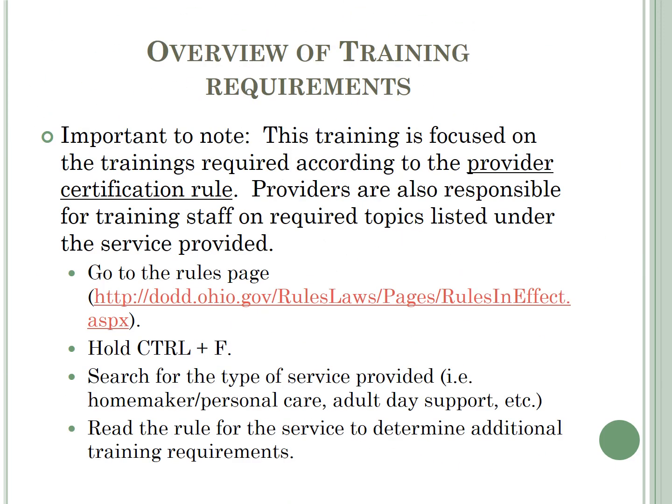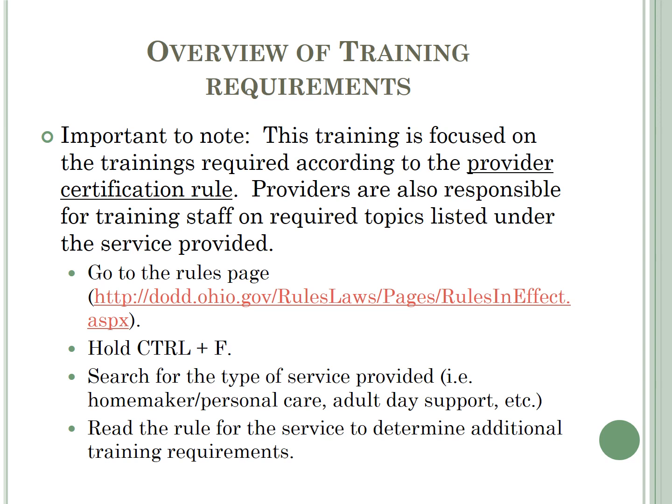Something that is very important, the training topics that I have just discussed are according to the provider certification rule. Now, above and beyond the provider certification rule, providers have to also train their staff on topics that are listed under the rule for the service provided.